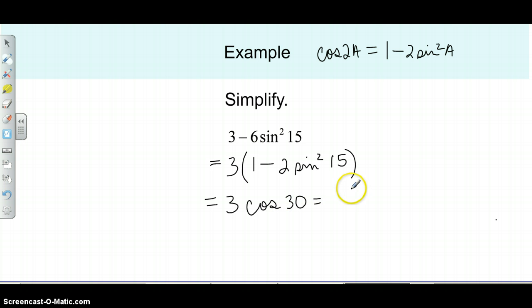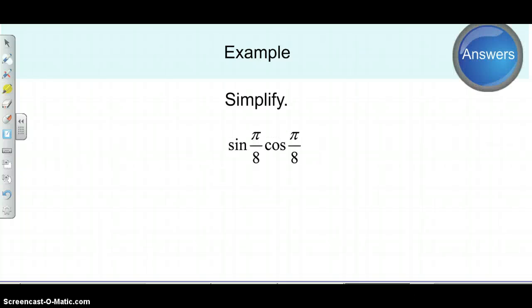And of course, I know that cosine of 30 is root 3 over 2. So simplifying, I get 3 root 3 over 2. So that would be the answer in the most simplified form, which looks a lot simpler than what I had started with.